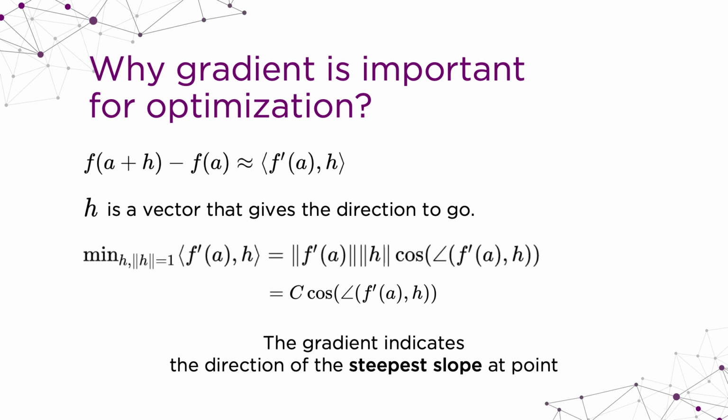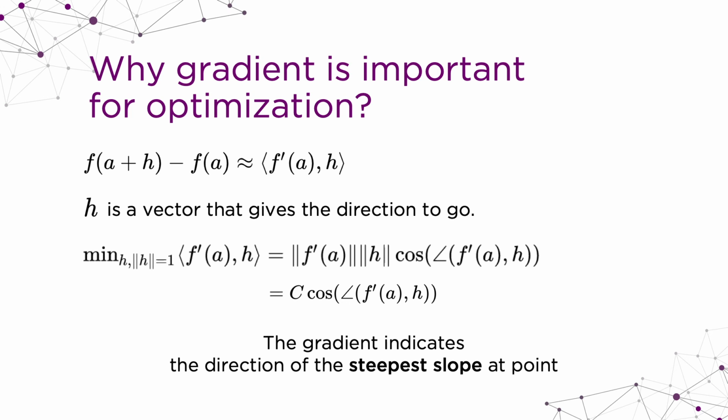So the gradient tells me the direction where I will have the biggest improvement in minimizing my error. And that's why it's a very interesting quantity. It will give me the steepest slope in which I should move to minimize the loss the most rapidly.